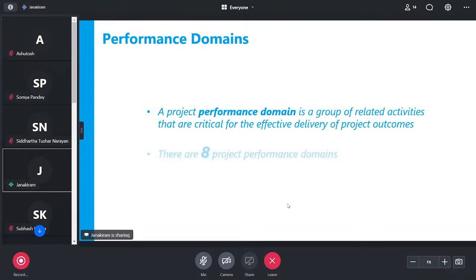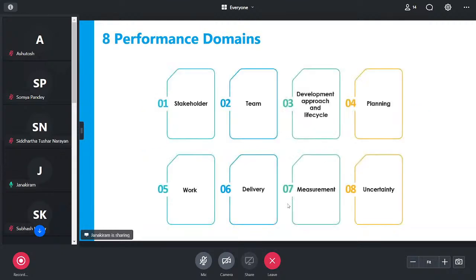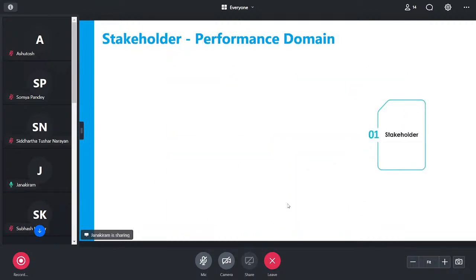So there are 8 performance domains defined in our PMBOK 7th edition. These are the 8 performance domains, and we'll quickly go through each one of them. So stakeholder, we talked about stakeholder. Anyone who can impact the project, or who gets impacted by the project is a stakeholder.